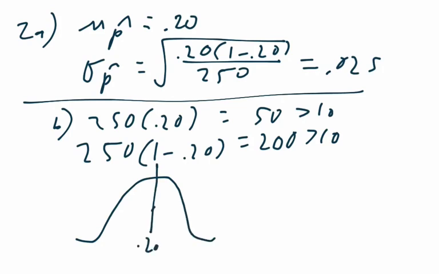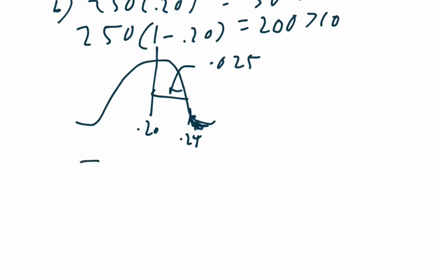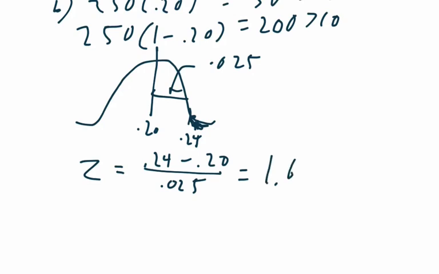So there's 0.20, there's 0.025, and we're trying to figure out the probability that it's bigger than 24%. So Z equals 0.24 minus 0.20 divided by 0.025, which turns out to be 1.6.